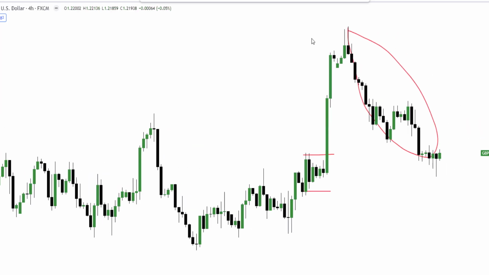Now, in a liquidity void there is a series of fair value gaps. You may ask, what is the difference between a fair value gap and a liquidity void, since both are known as imbalances? In this liquidity void you can see several fair value gaps, because fair value gaps form this kind of liquidity void.